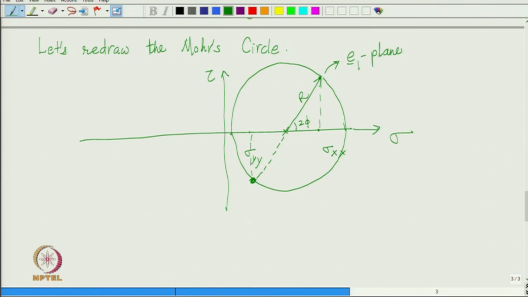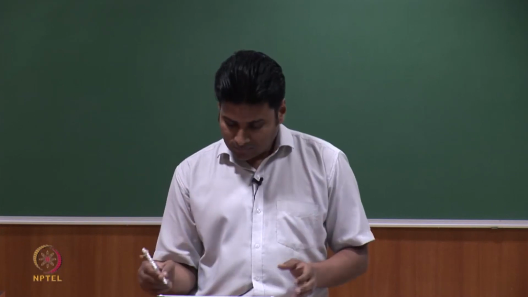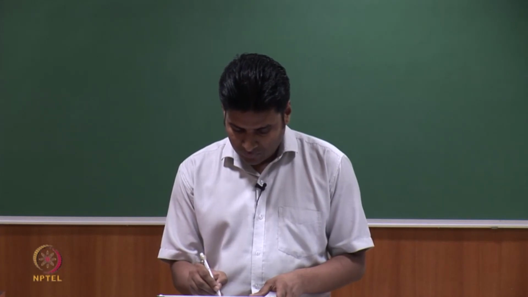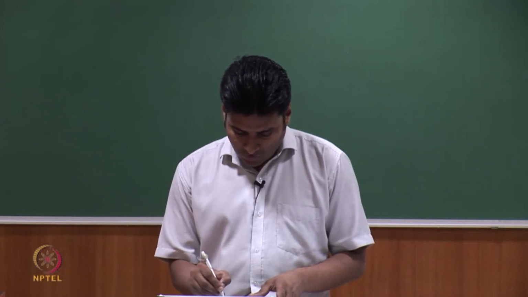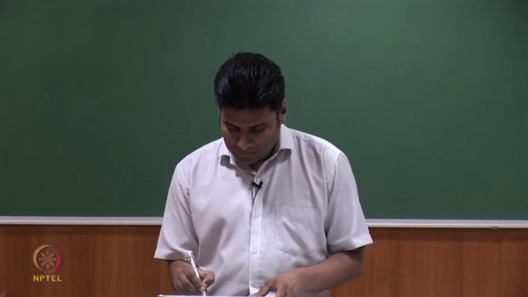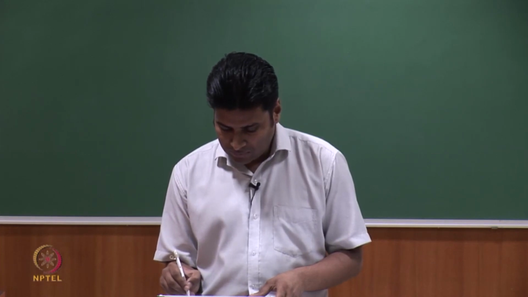Can you see why it is negative tau x y, whereas in the actual picture we have tau x y positive? Why is it becoming negative? Any idea? So, the question is, why is tau negative on the E2 plane?